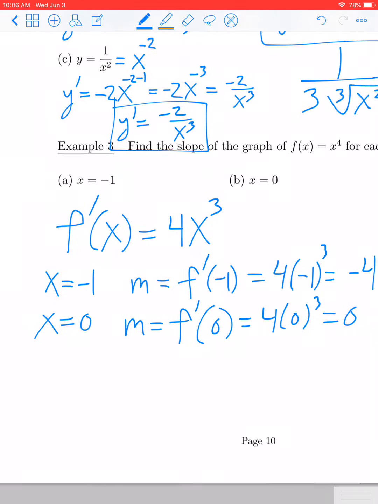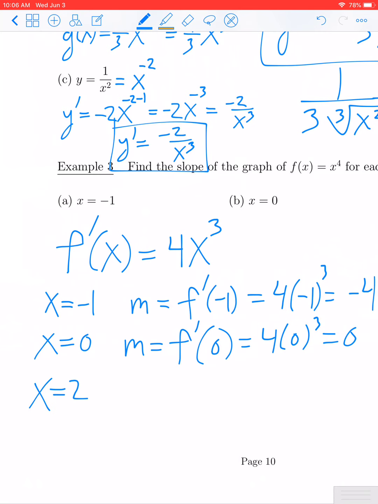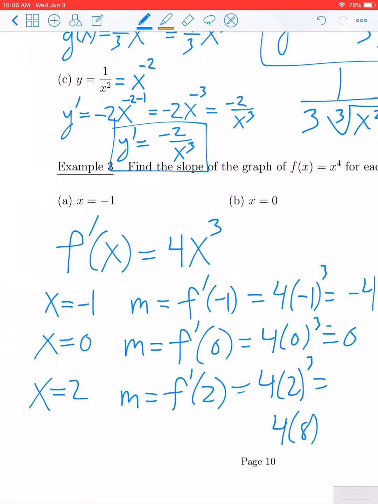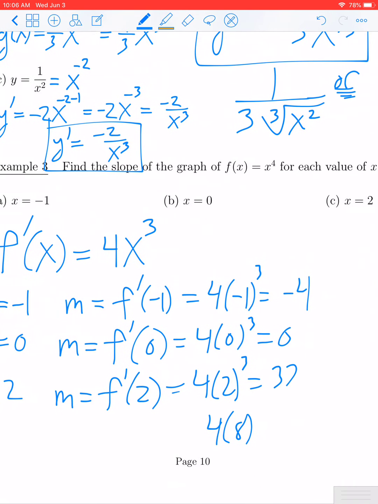And when x is equal to 2, the slope is f prime of 2, which is 4 times 2 cubed, which would be 4 times 8, and that will be 32.